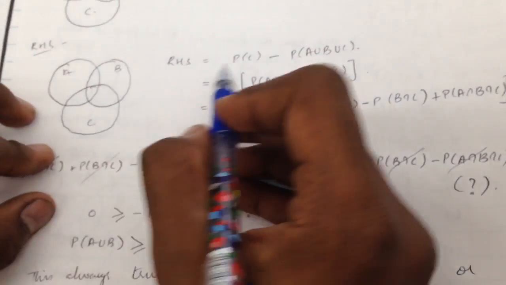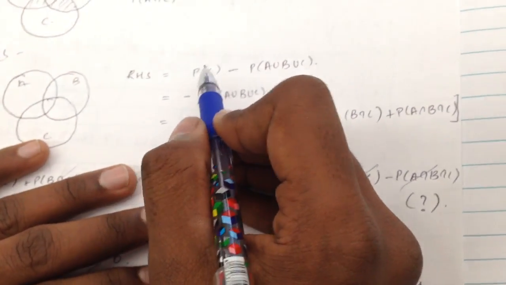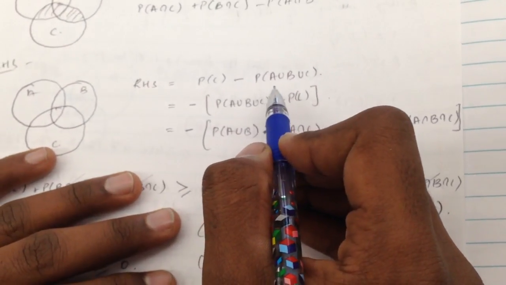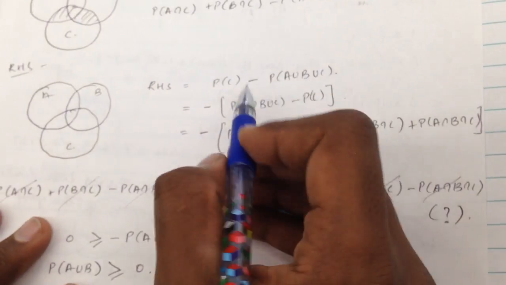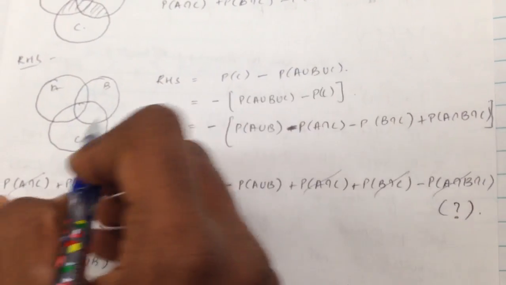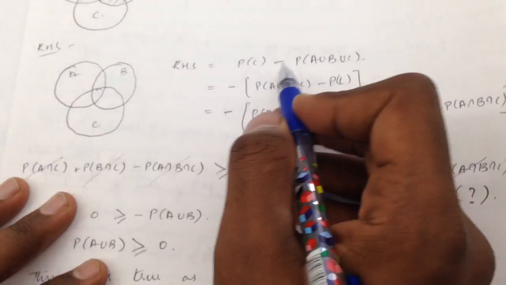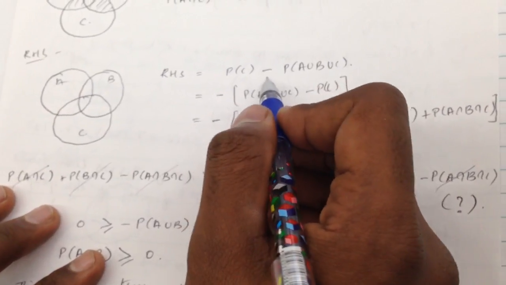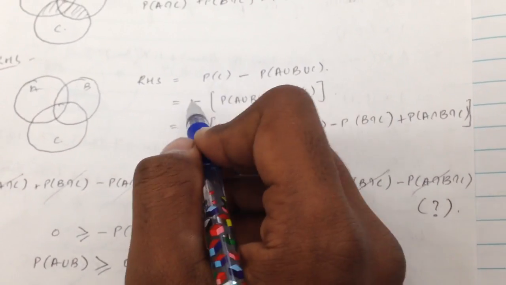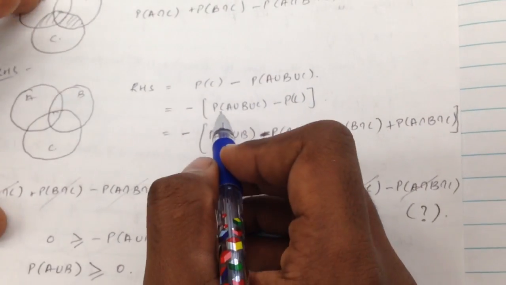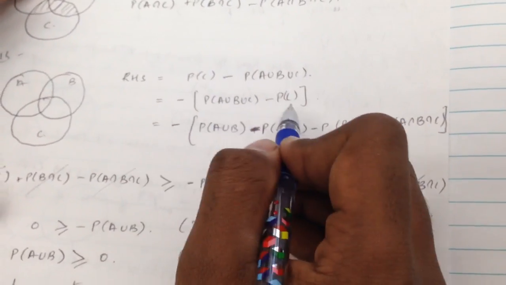So going to the RHS, the RHS is P of C minus P of A union B union C. Since P of A union B union C is bound to be greater, for the sake of simplicity, I take the minus outside the bracket, so we end up with this expression.